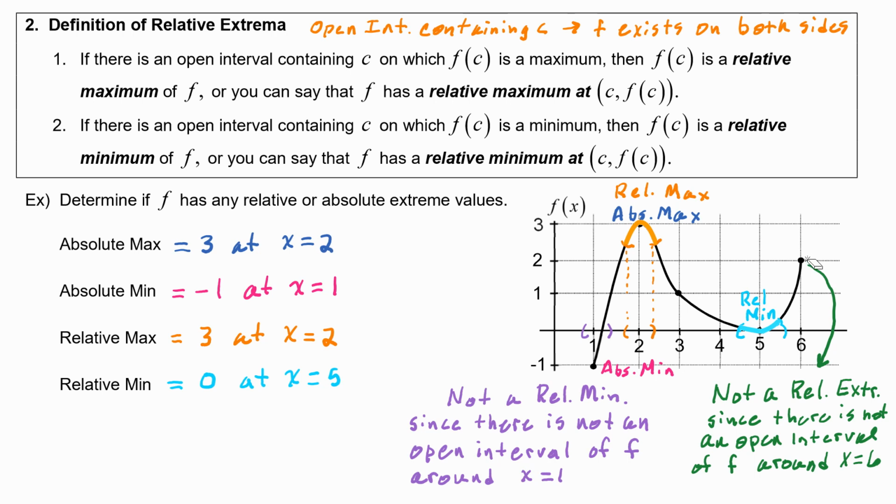So clearly this is not an absolute max or min, because there are y values that are bigger and smaller. It's not a relative max or min, since there's not an open interval of f around x equals 6. So this is just a point on the graph without being an extreme value at all.